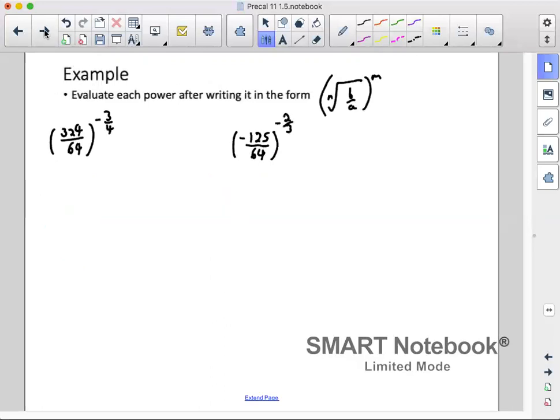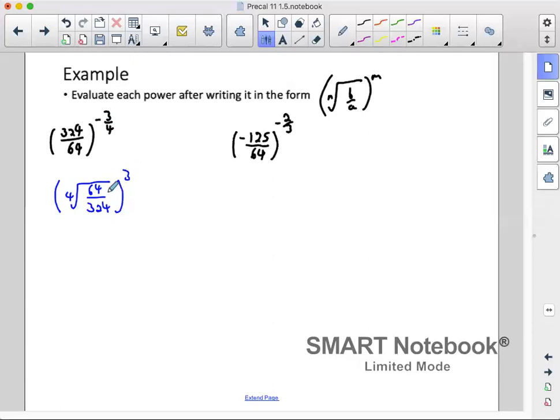Next example, evaluate each power after writing in the form bracket nth root of b over a, close bracket, to the power of m. So this one would be the fourth root of 64 over 324 to the power of 3.